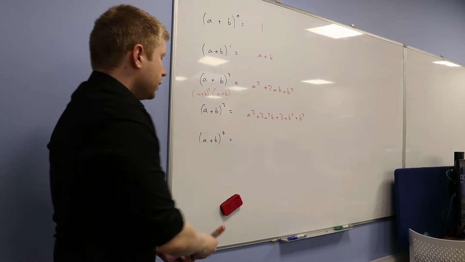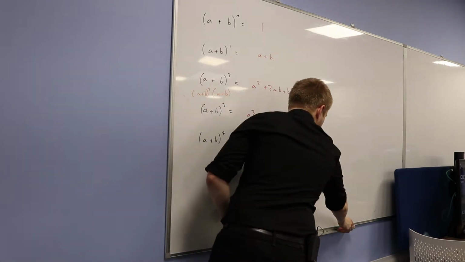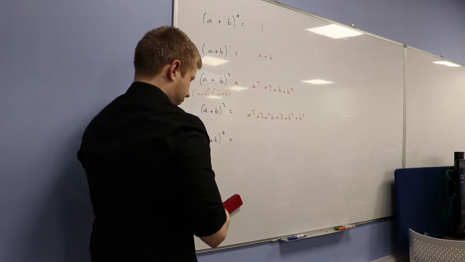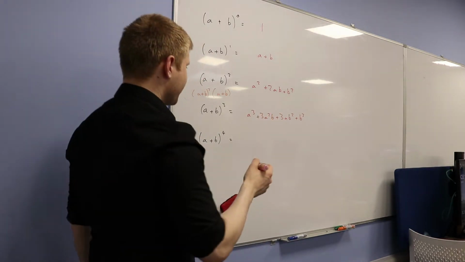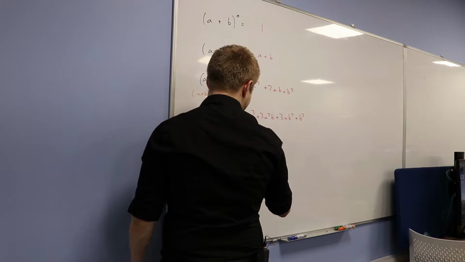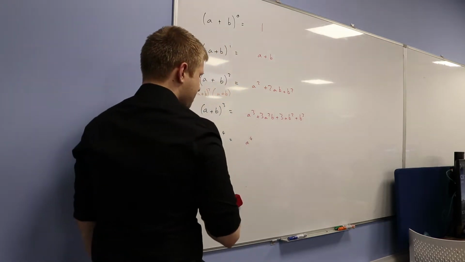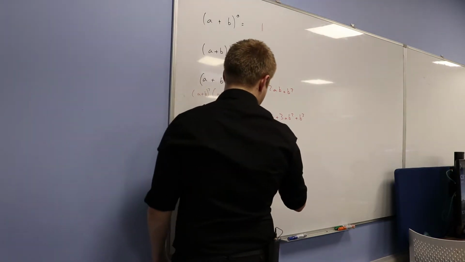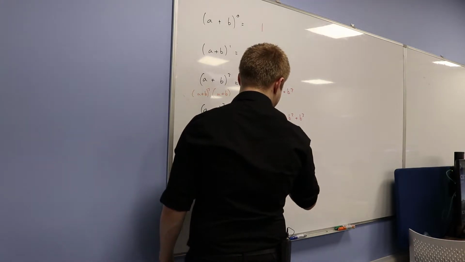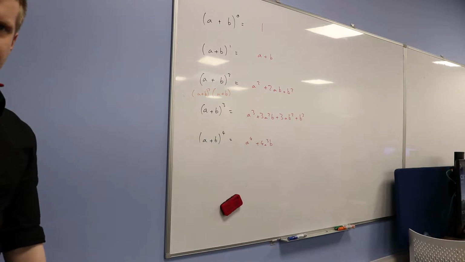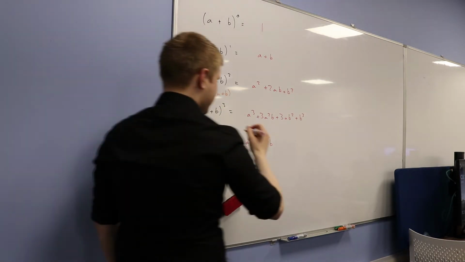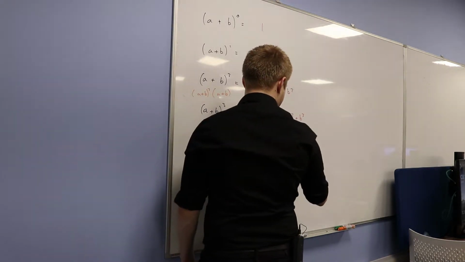Okay? Has anybody had a go at the last one? Okay. 4a cubed b. Good. 6a squared b squared.